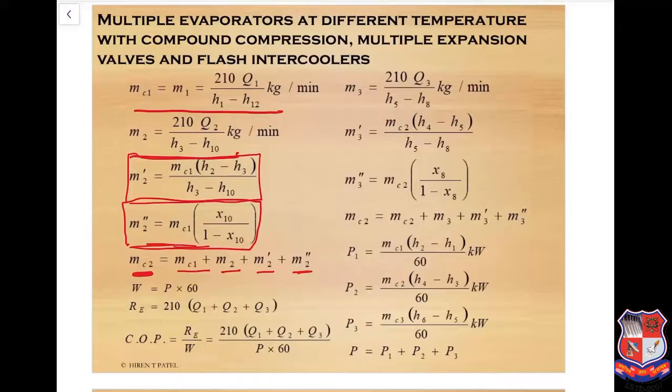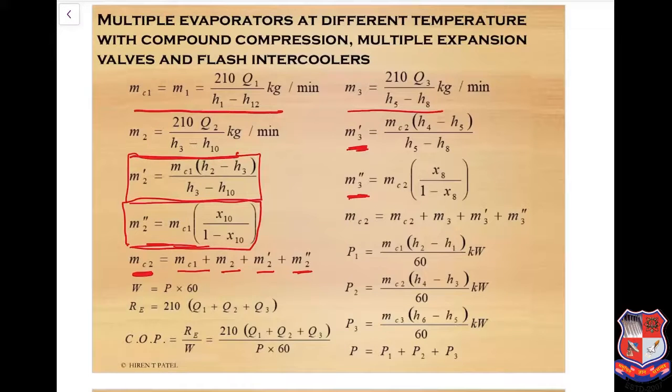The same occurs for compressor 3, that is M3 is equal to 210Q3 upon H5 minus H8, that is the mass circulated through the third evaporator. M3 dash is the vapor generated by M3 passing through the flash intercooler, and M3 double dash is the vapor generated by the mass MC2 during the expansion in expansion valve 3.